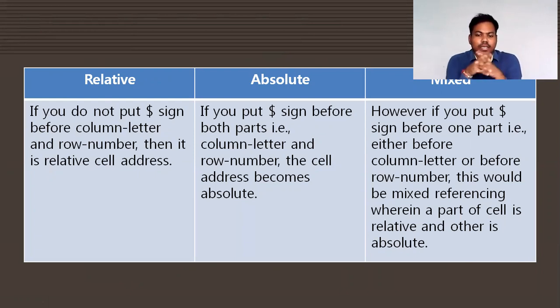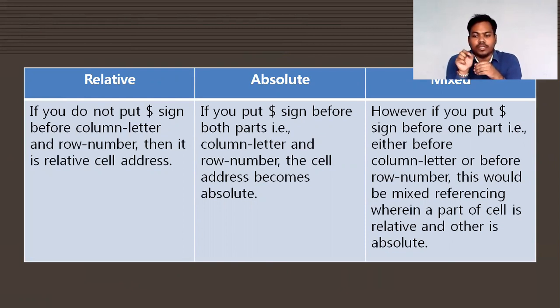If you put a $ sign before both parts, like $A$3, the A3 cell has been made absolute. So if you put a dollar sign before both parts, column letter and row number, the cell address becomes absolute.